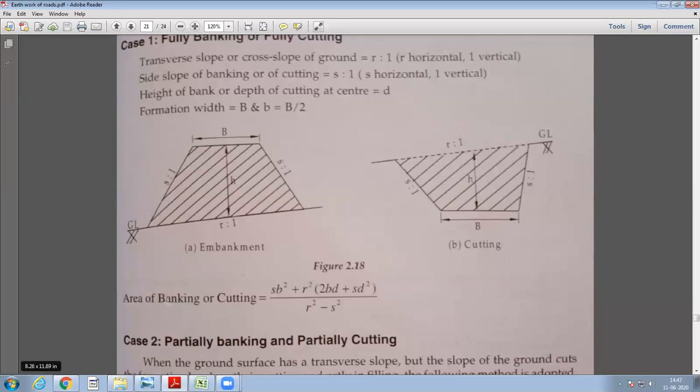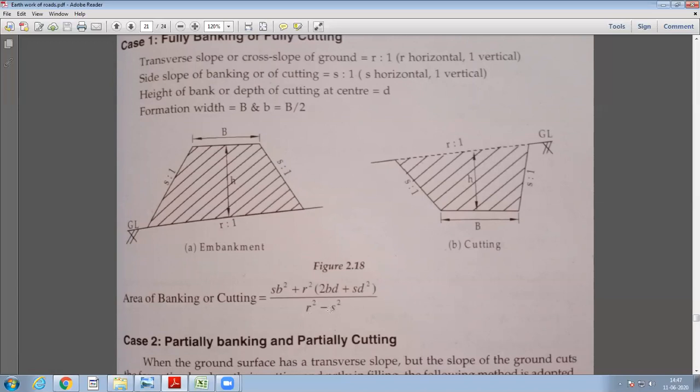So it may be a banking or cutting. The area will be given by s b square plus r square into 2bd plus s d square, divided by r square minus s square.